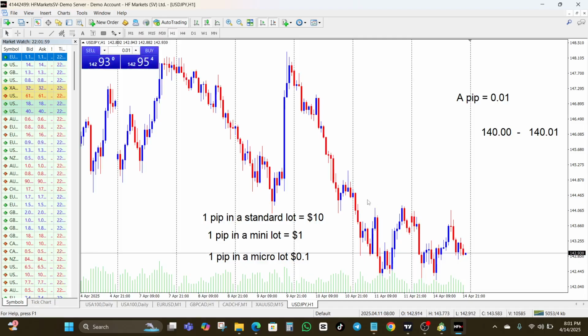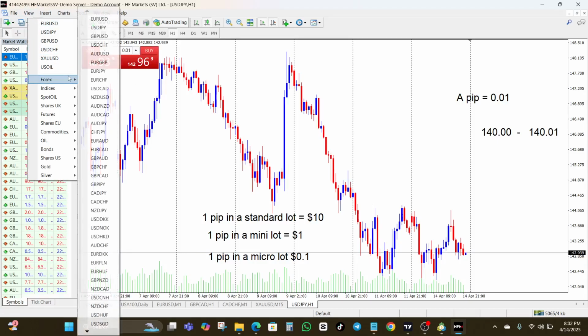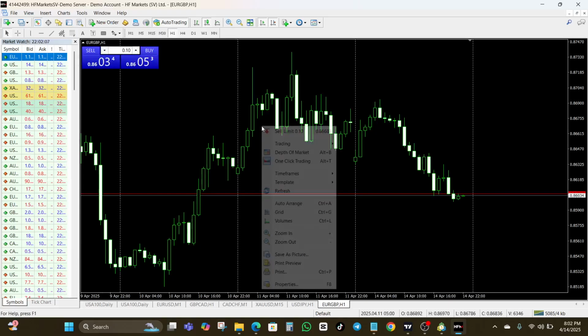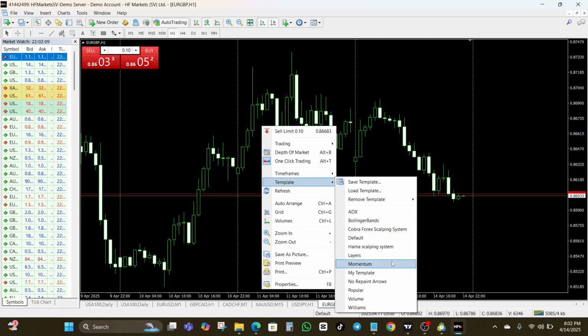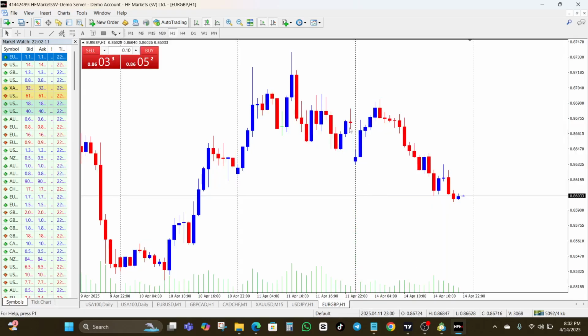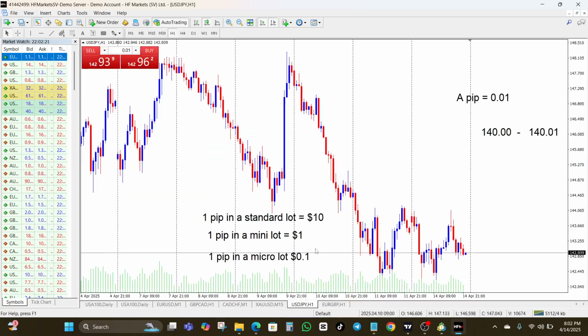For example, for cross-currency pairs such as Euro GBP, let's just open Euro GBP real quick. For cross-currency pairs such as Euro GBP, the pip is calculated differently than for pairs involving the USD. Then in JPY pairs, as mentioned earlier, the pip is calculated differently using the second decimal point.